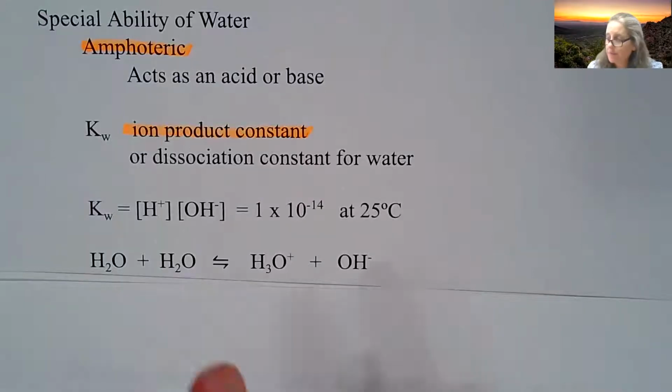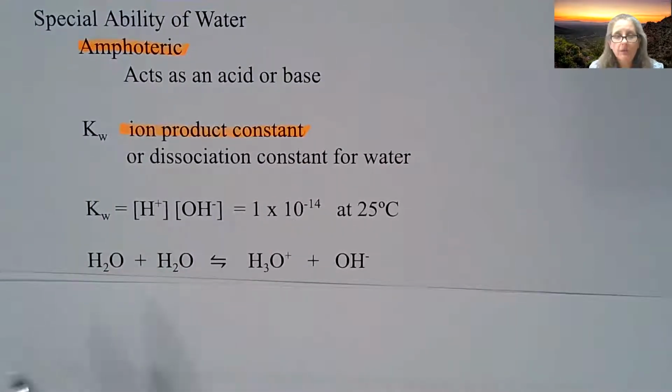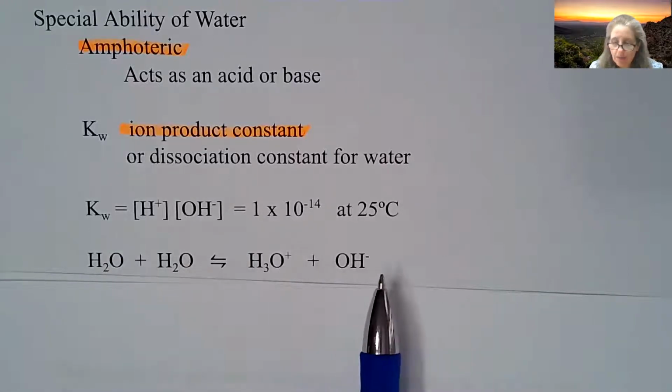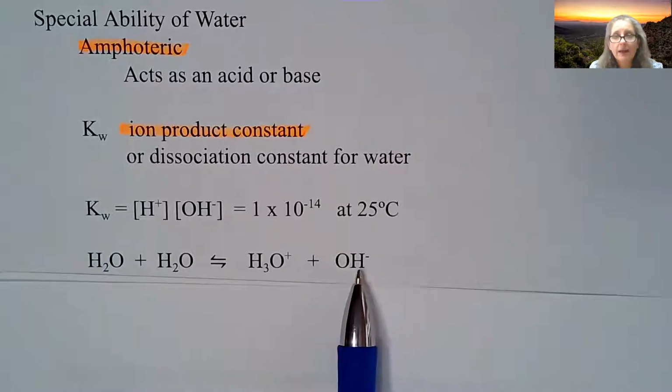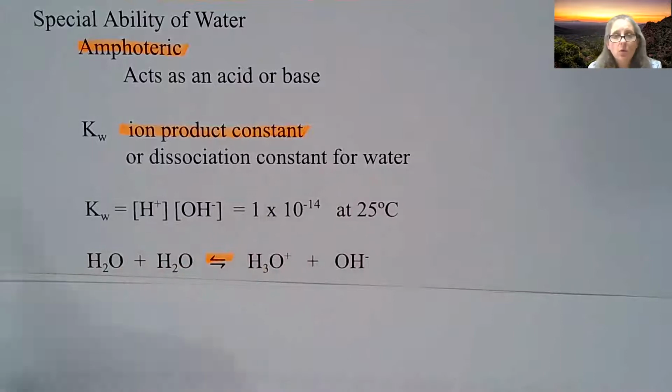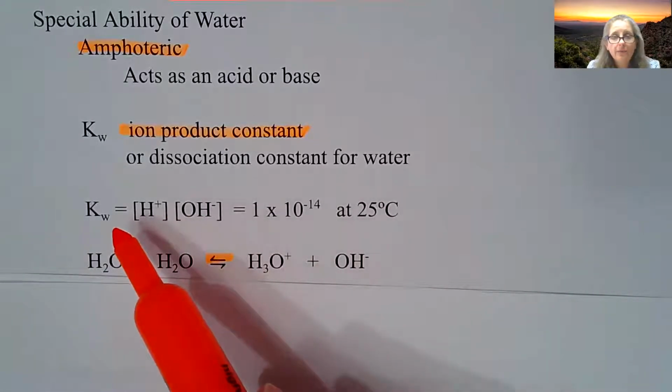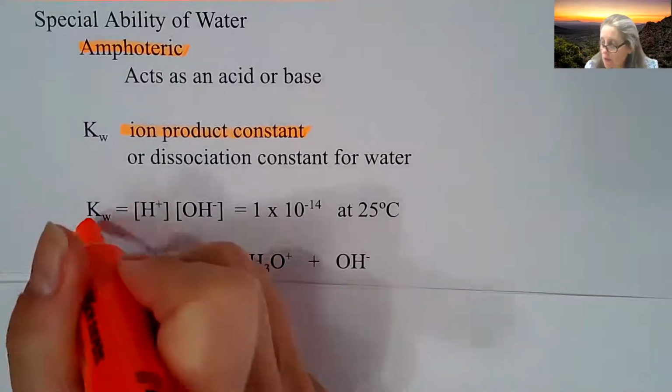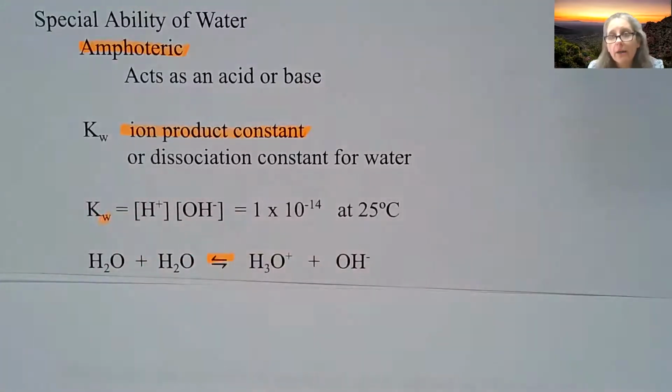And it comes from the fact that when water, okay, so if you look at this equation, two water molecules occasionally get together to make hydronium ion and hydroxide ion. Again, this is an equilibrium kind of system. So we could write a K for this, and we call it a Kw because we're specifically talking about water.